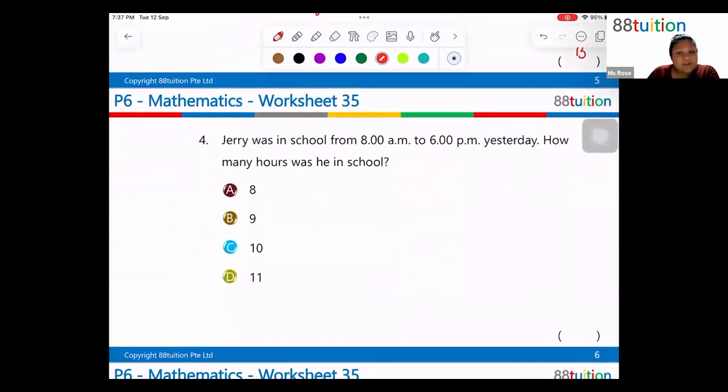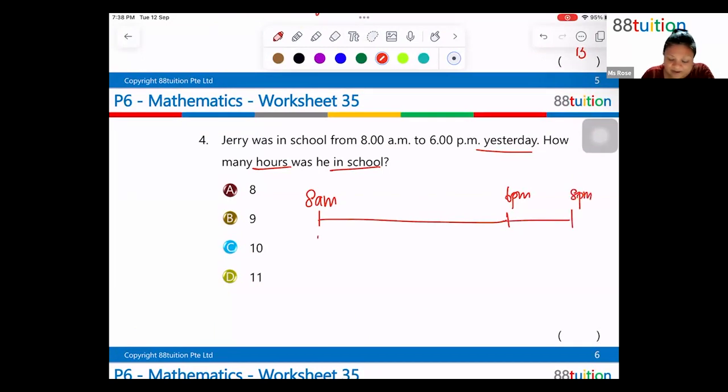Question 4 says here, Jerry was in school from 8 a.m. to 6 p.m. yesterday. How many hours was he in school? So from 8 a.m. all the way to 6 p.m. Now the trick is, from 8 a.m. to 8 p.m., if you don't want to count, is 12 hours.